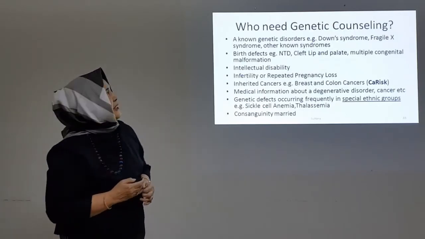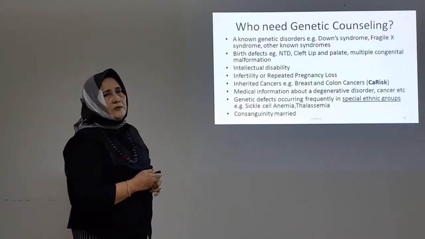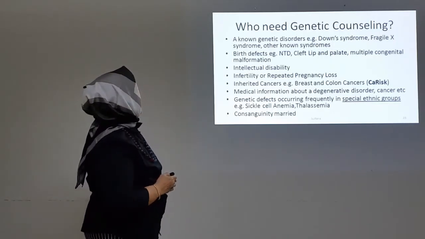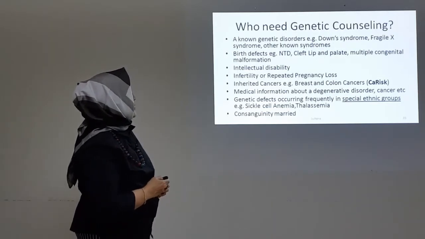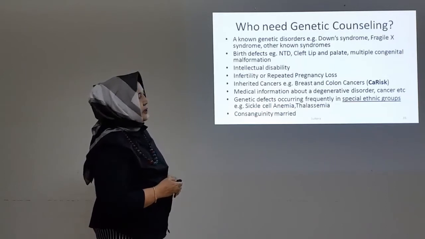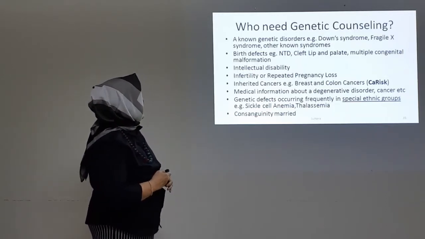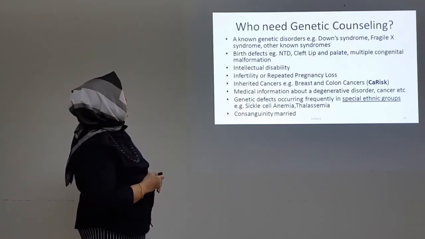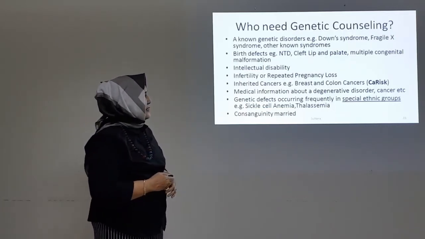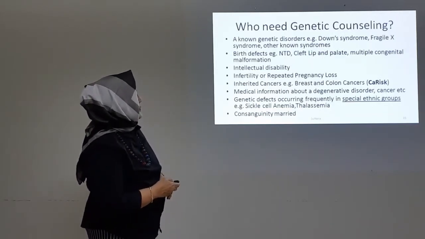Who actually needs genetic counseling? A known genetic disorder like Down syndrome, Fragile X syndrome, and other known syndromes, and birth defects such as neurological defects, Klinefelter and Pellet, multiple congenital anomalies, intellectual disability, infertility, and repeated pregnancy loss, and then inherited cancer such as breast and colon cancer, which we call a cancer risk.